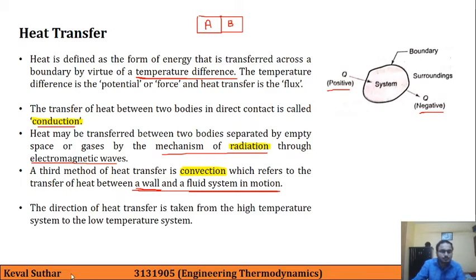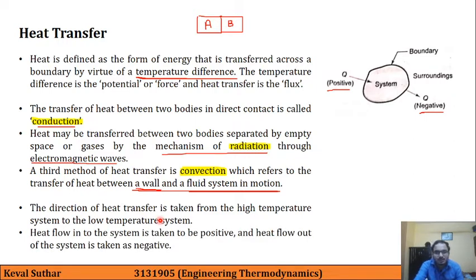Now the direction of heat transfer is taken from high temperature system to low temperature system. That is quite obvious that heat always transfers from high temperature to low temperature, and heat flow into the system is taken to be positive, that is shown over here, and heat flow out of the system is taken as negative, that is over here.